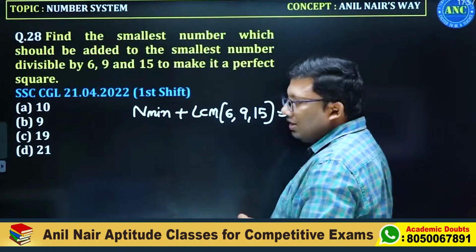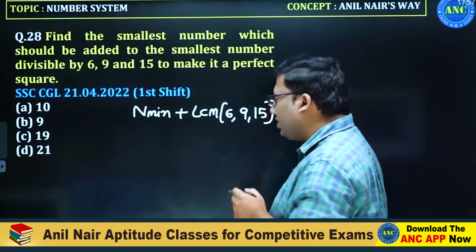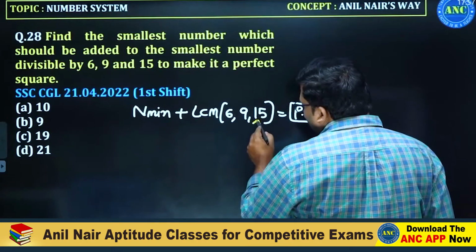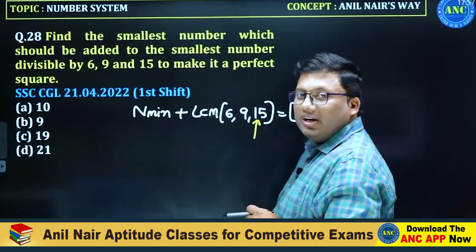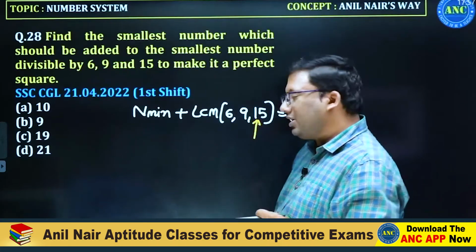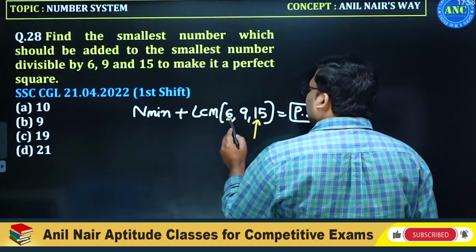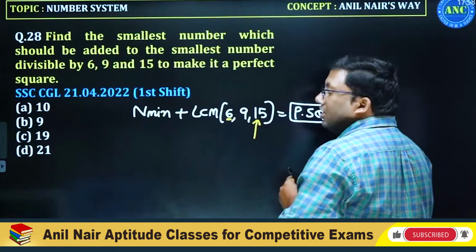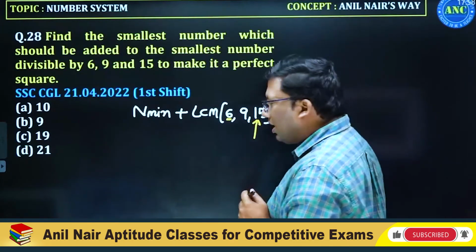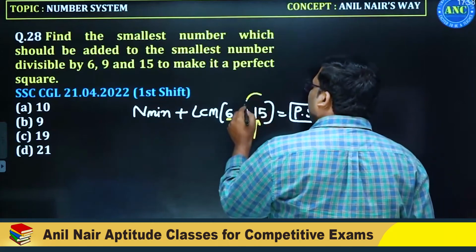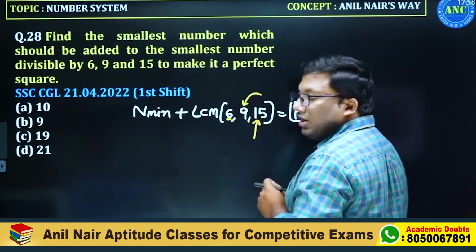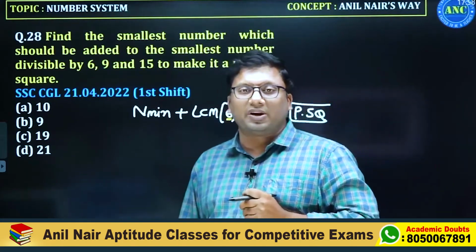Whenever you are doing LCM related problems, the entire attention is on the largest number, 15. 15 should be a multiple of 6 and 9. 15 is not a multiple of 6, because 6 2s are 12, 6 3s are 18. And another thing, input one number is 9. What is the magical property with respect to 9?